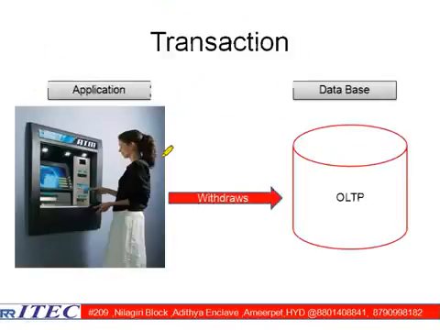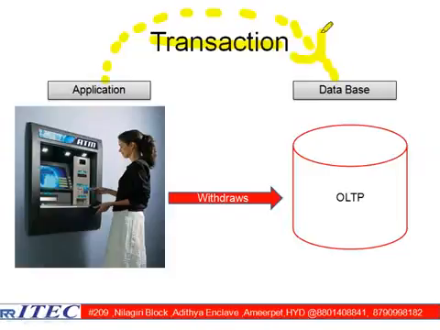Why this name came: whatever activity we are doing here, is it an online activity or an offline activity? It is an online activity. That is the one point. Second point, withdrawing money is nothing but one transaction. And moving the data from this application to the database is called a process.